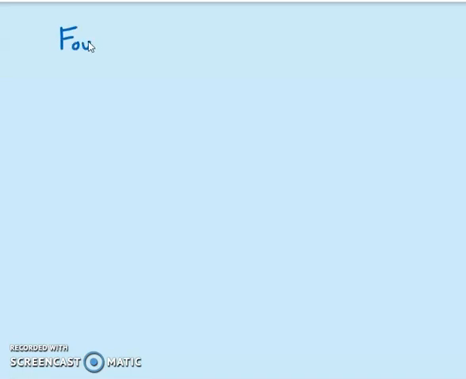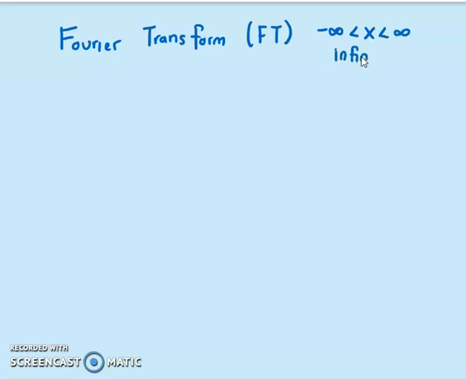Today we're going to look at the Fourier Transform. The Fourier Transform is also denoted by FT and is defined on the infinite interval. So we want to look at the definition.